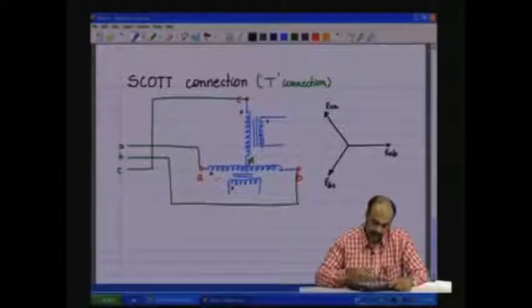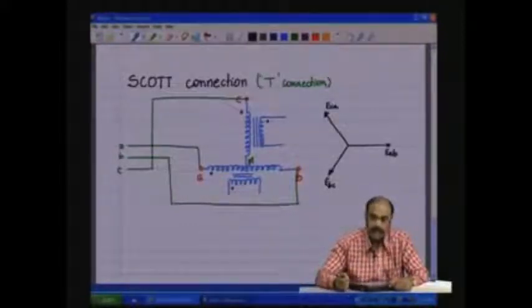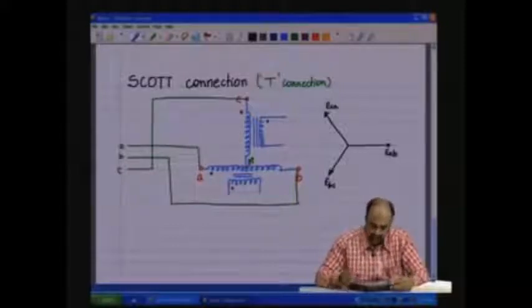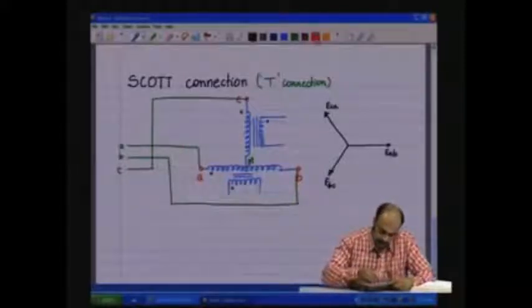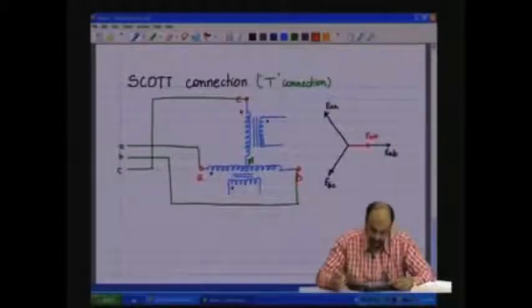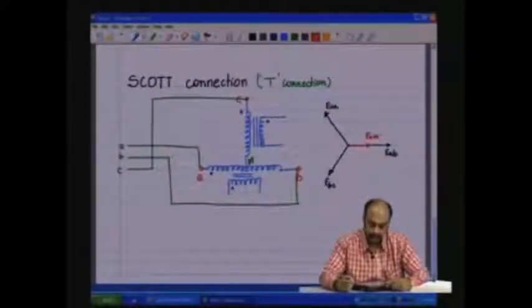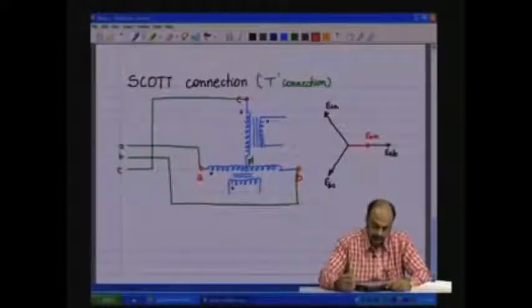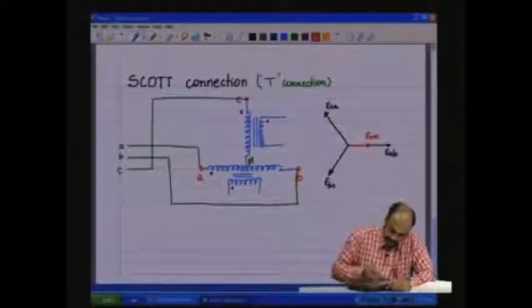Now, EAB, EAM are in phase because these are the same winding. So, EAM, and it is at the midpoint, and therefore, we will say this is EAM. Then ECM. So, what is ECM?